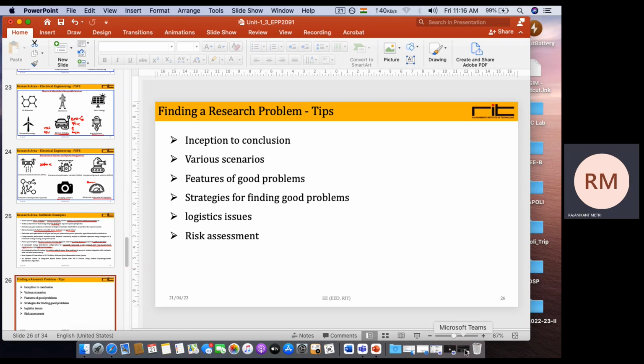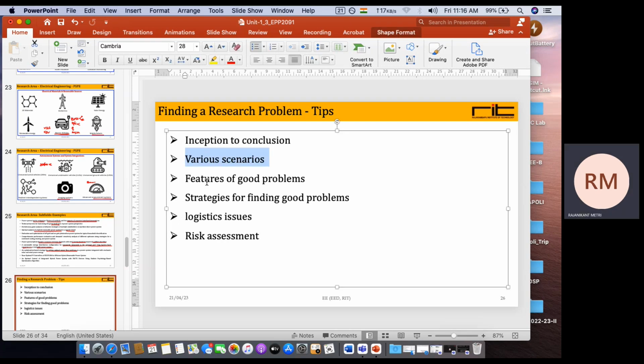So the next point is finding a research problem, along with some tips. We'll discuss this from inception to conclusion. So from start to end, what are the points? Then what are the various scenarios? What are the features of good problems? Then strategies for finding good problems, then logistic issues and risk assessment.